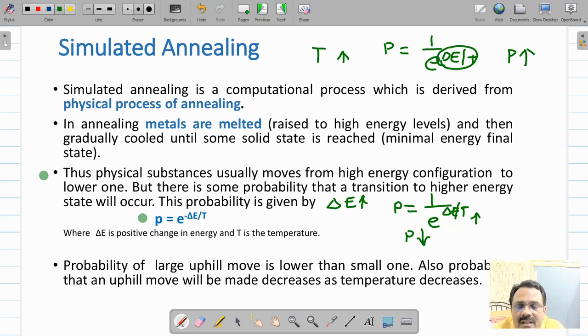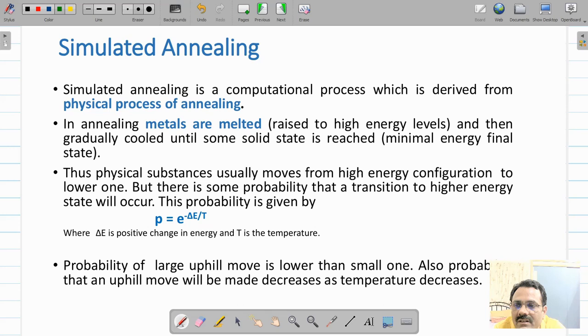And why we are doing that? This is just done for incorporating diversity in your algorithm, because otherwise the algorithm may get caught in a local minimum. So to avoid that, we are accepting worse solutions with some probability.